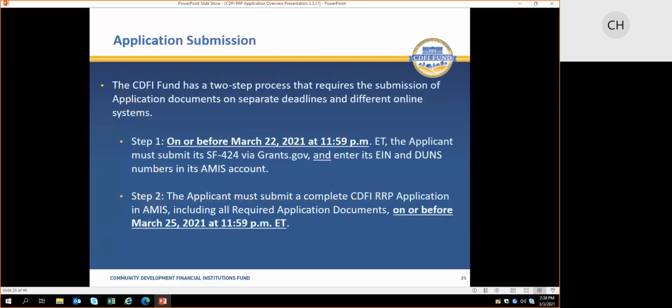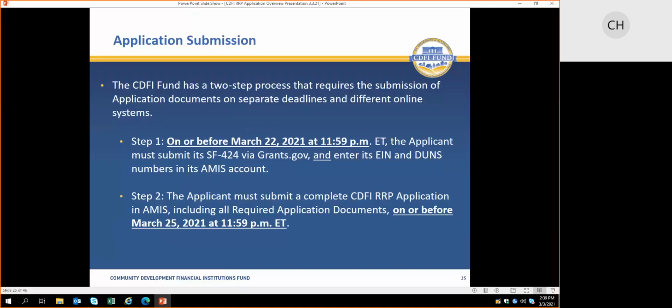Thanks, Janet. So a quick reminder that there's the 2-step submission process. Step 1, on or before March 22nd, you need to submit your SF-424 via grants.gov and enter your EIN and DUNS numbers in AMIS. I'd like to pause for just a moment and remind folks that since we do have the CDFI program and NACA program funding opportunities available at the same time, those have different funding opportunity numbers than the RRP.